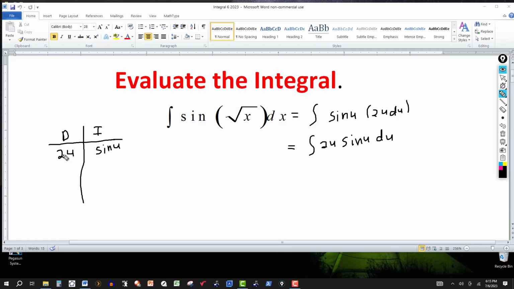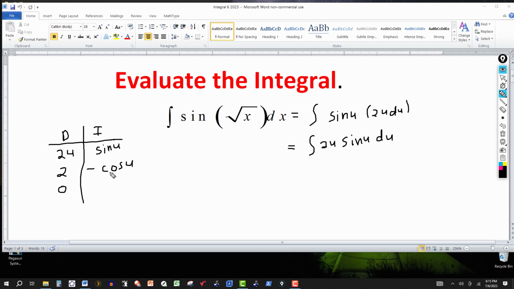So again, derivative with respect to u, the derivative of 2u would be 2. Derivative of 2, a constant, will be 0. So in this case, we stop at that point, and then on the right side, I integrate. The integral of sine u with respect to u is minus cosine u.